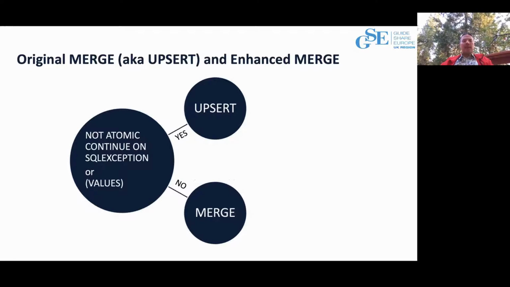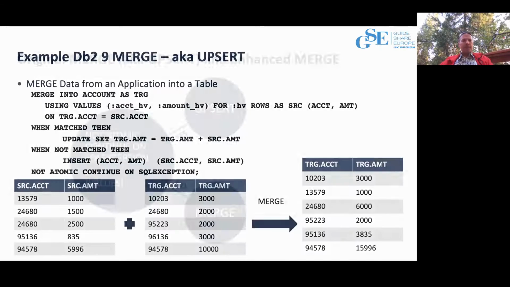And I remember back in the day, when they added the not atomic continue on SQL exception, thinking, wow, that's a lot of words. And it still is. Sometimes when you deal with the standards people, they come up with crazy syntax. So if you're not using either of those clauses, you're using the new enhanced or extended merge.